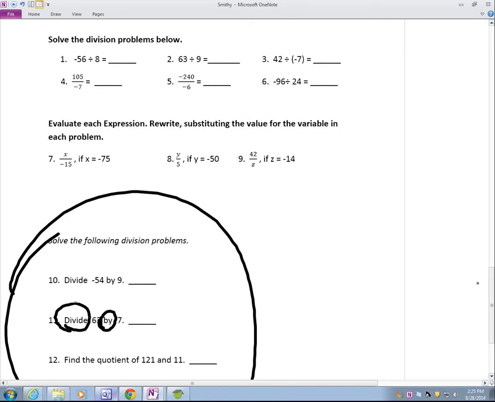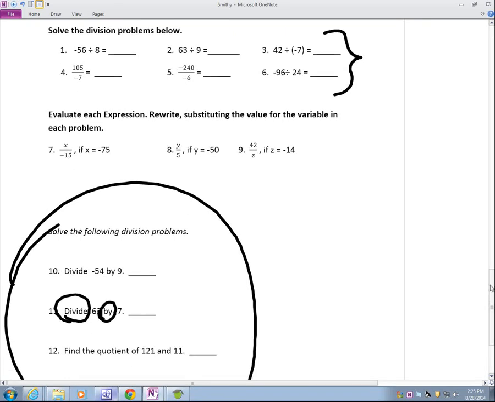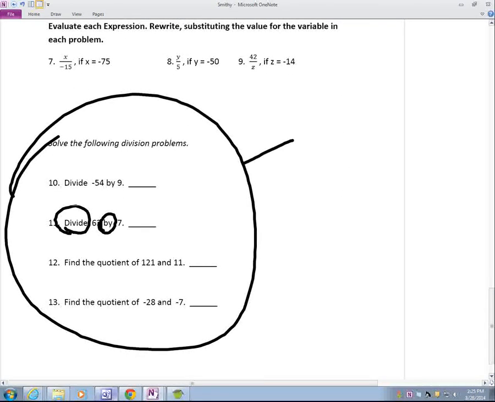So this part here, you know how to do this. I do expect you to have that done. Okay, that is part of your notes. This part here, write this.